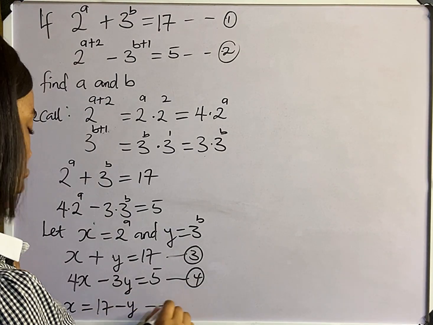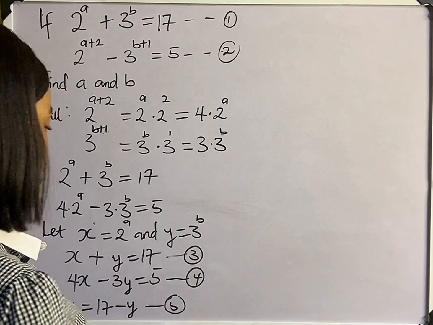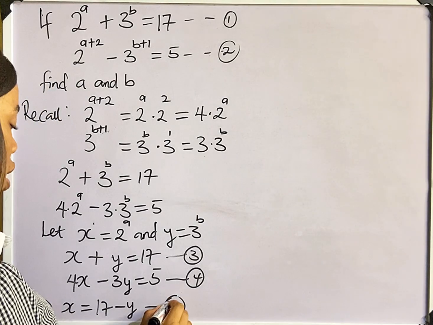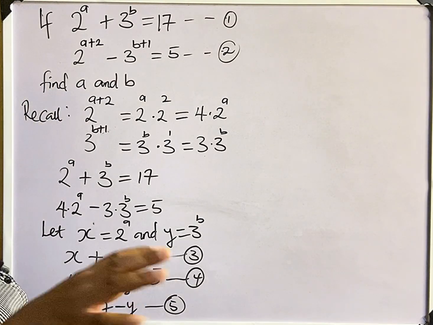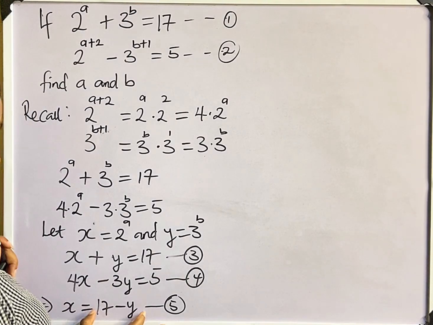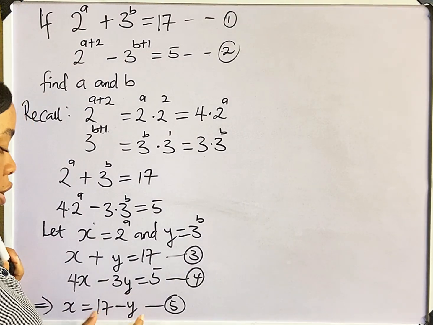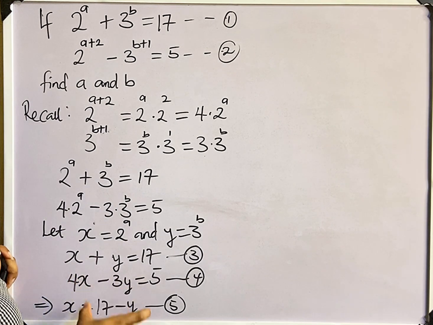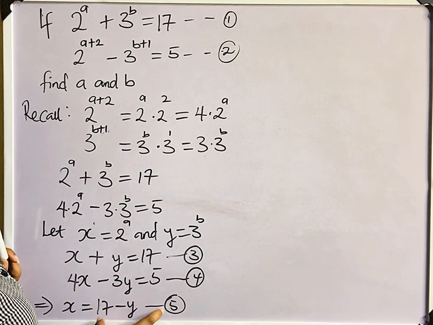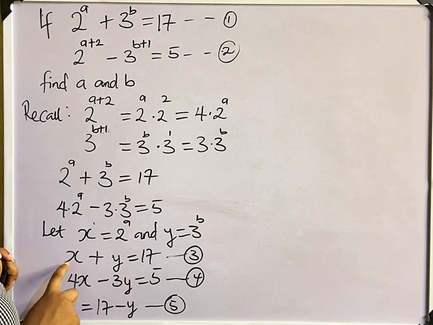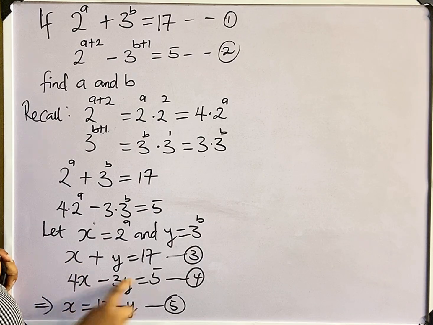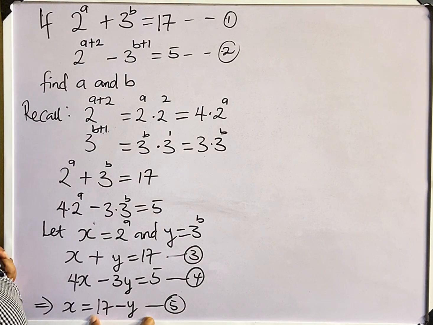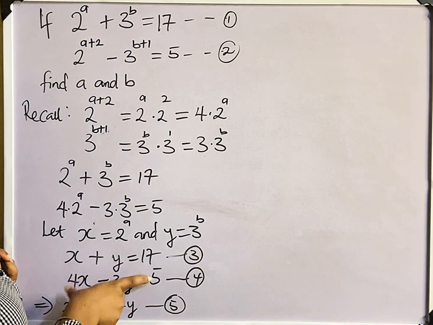So this I can now call my equation 5. So what am I going to do now? I'm going to substitute this equation 5 into my equation 4. Wherever I see x in my equation 4, I'm going to replace it with 17 minus y.